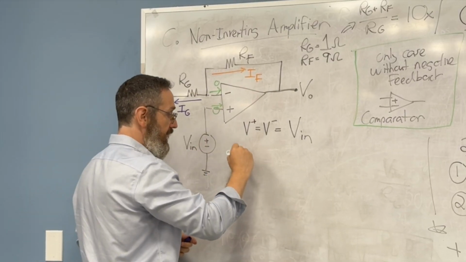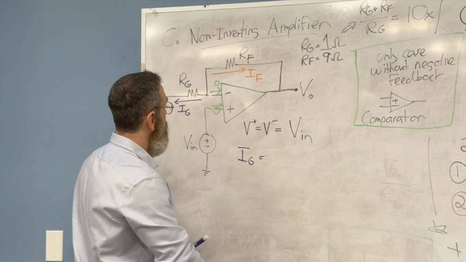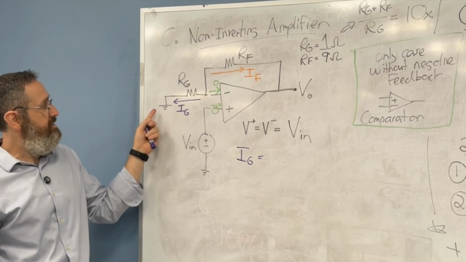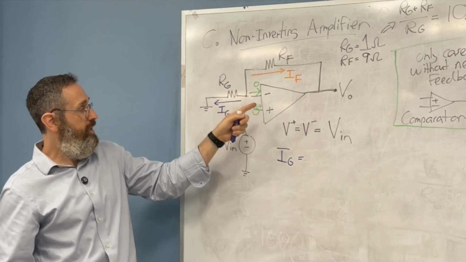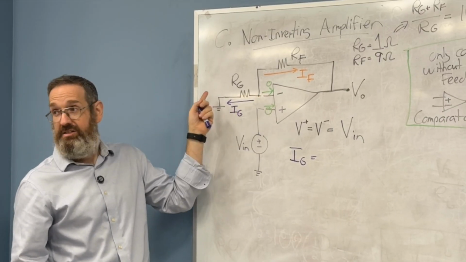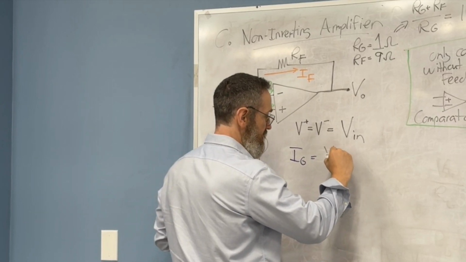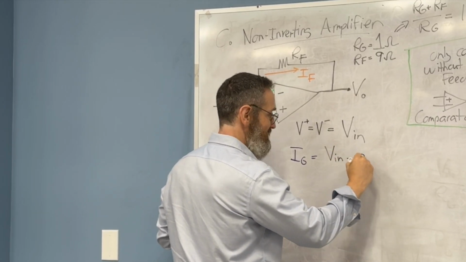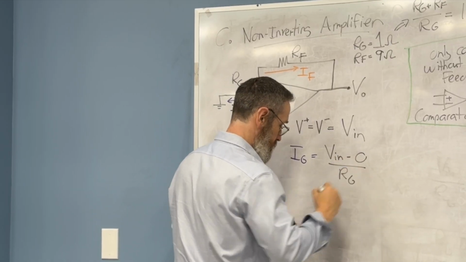So therefore, I sub g is going to equal, and now we got to be careful, right? Because it's not 0 minus this point here, which is Vn, right? It's actually Vn minus 0. So I have to write Vn minus 0 over R sub g.